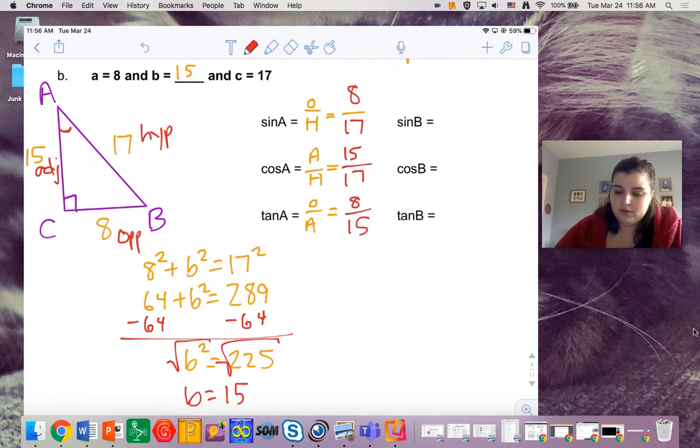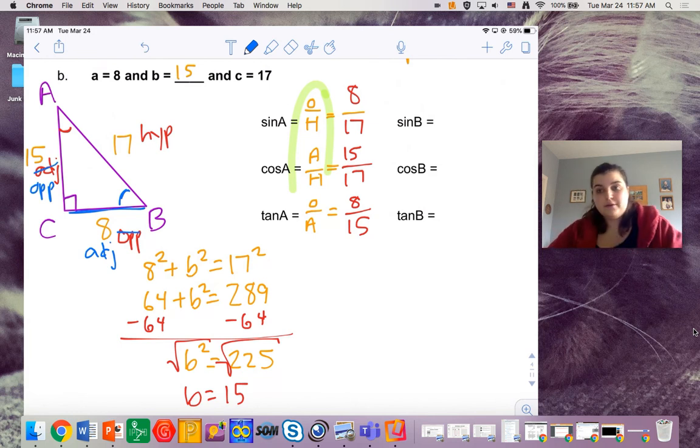Okay. I've already got these guys written here, so I'm just going to slide over but talk about B now. So angle B, now the opposite is here and adjacent is here. Remember, it's the one next to is adjacent. That isn't the hypotenuse.